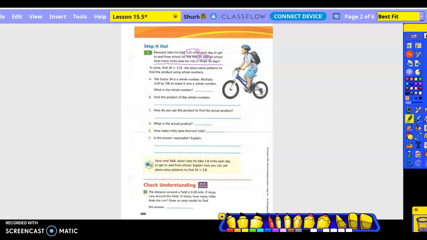Use place value patterns to find the product using whole numbers. The factor 34 is a whole number. Multiply 3 and 2,500 by 100 to make it a whole number. What would the whole number be for that? 325.